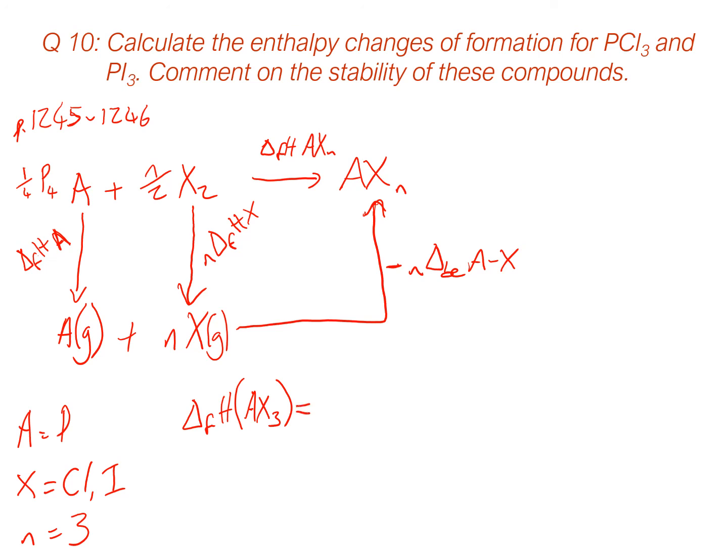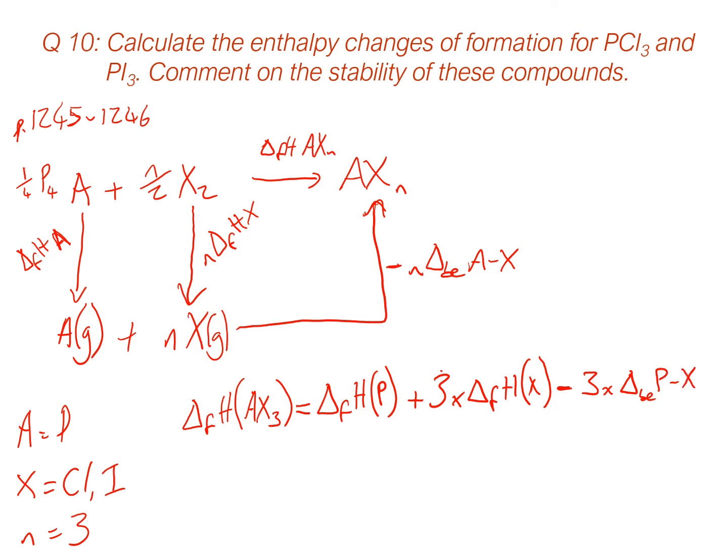That equals the enthalpy of formation of phosphorus, I'll stop referring to it as A and start calling it phosphorus because it's a constant one here, plus 3 times the enthalpy change of formation of X, the halide, either chlorine or iodine, minus 3 times the bond enthalpy of PX.